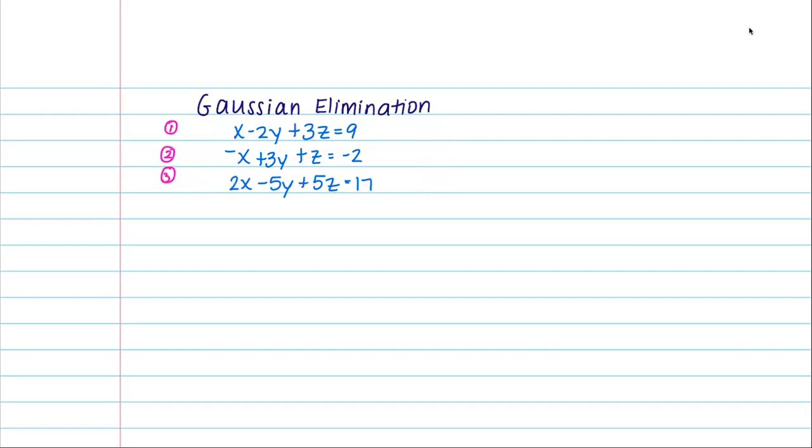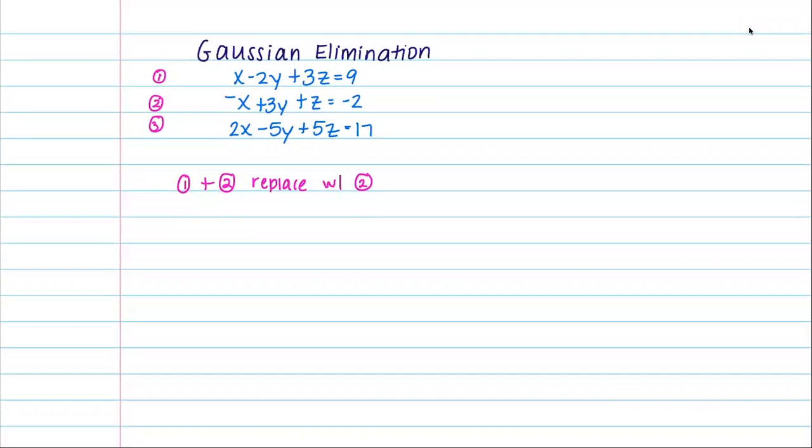So I'm going to go ahead and move these over here so I have some space. Okay, so the first thing I notice is that I can add equation 1 and equation 2 together. So I'm going to add equation 1 plus equation 2, and I'm going to use that to replace equation 2.